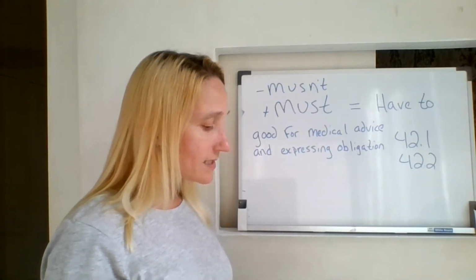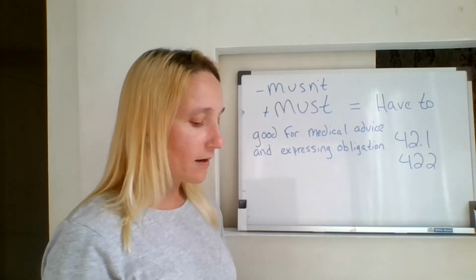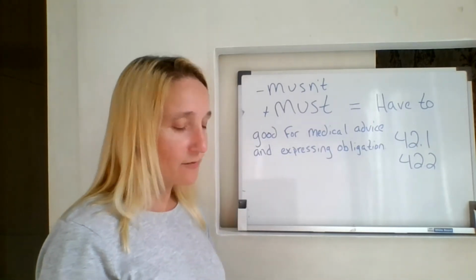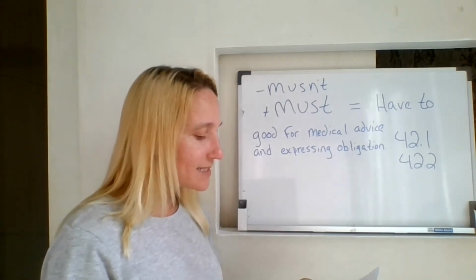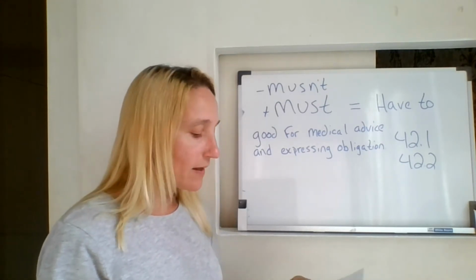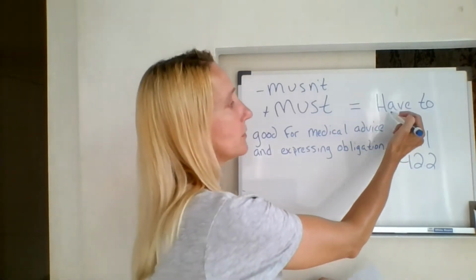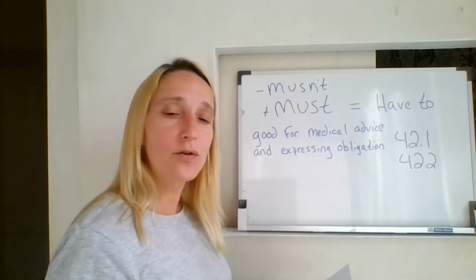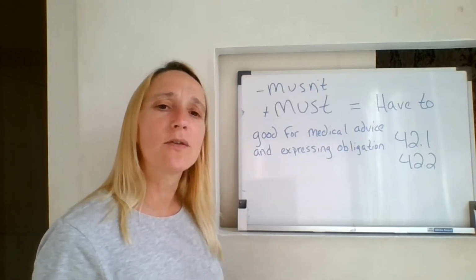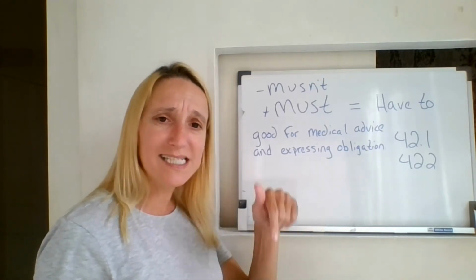Okay, so let's kick it. 42.1. The first one was done for us. Let's go over it together and see if we can't figure it out. It says, you don't have to stay. So there we see the have to, and the you don't have to stay. What's another way to say you don't have to stay?